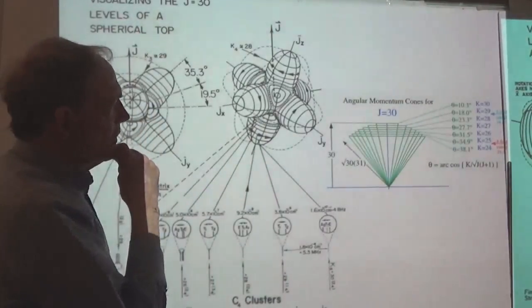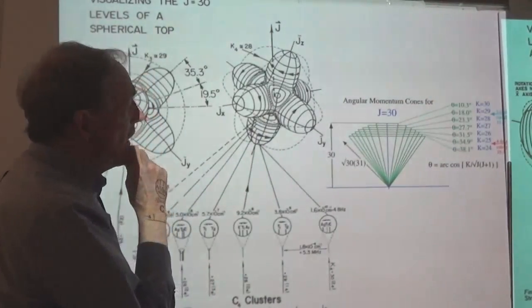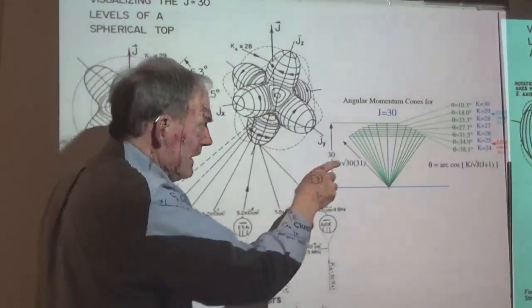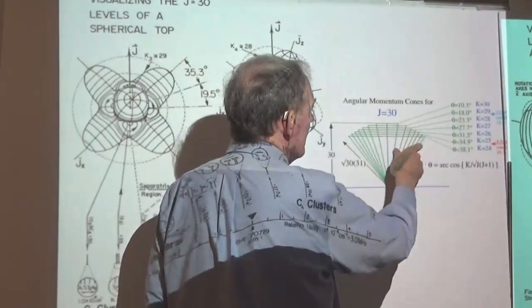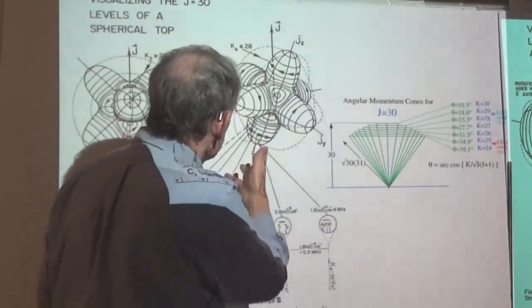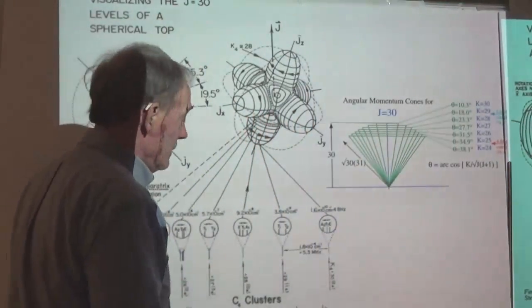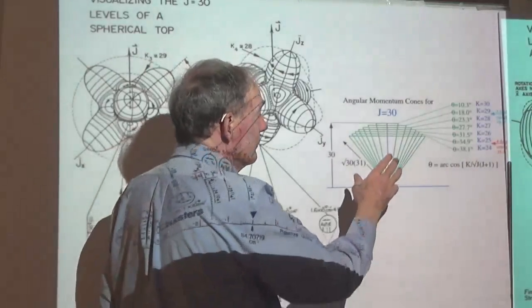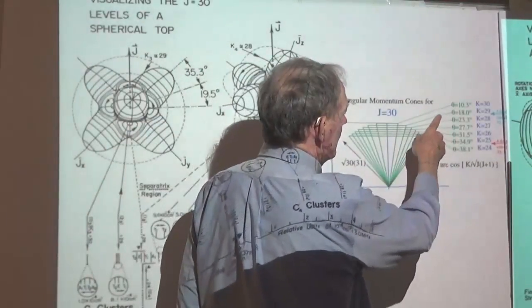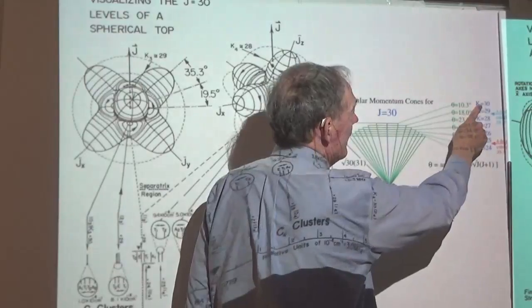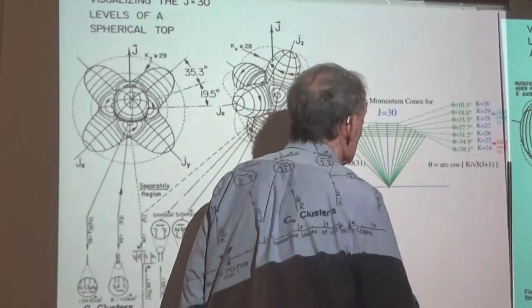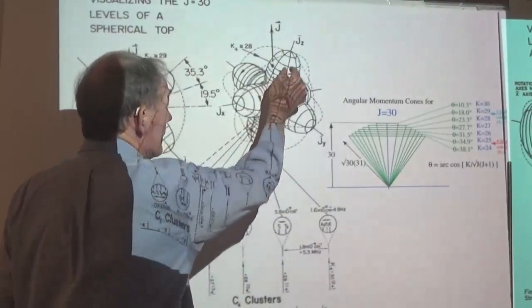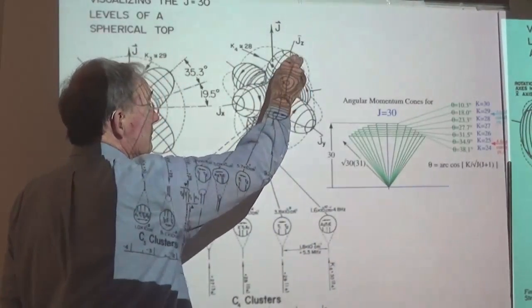So it's interesting to figure out what the angle is that we're dealing with here for the angular momentum cones of J equals 30, which is what we have in this picture. The J equals 30, K equals 30 cone is a very small angle, 10.3 degrees. That's the polar angle.